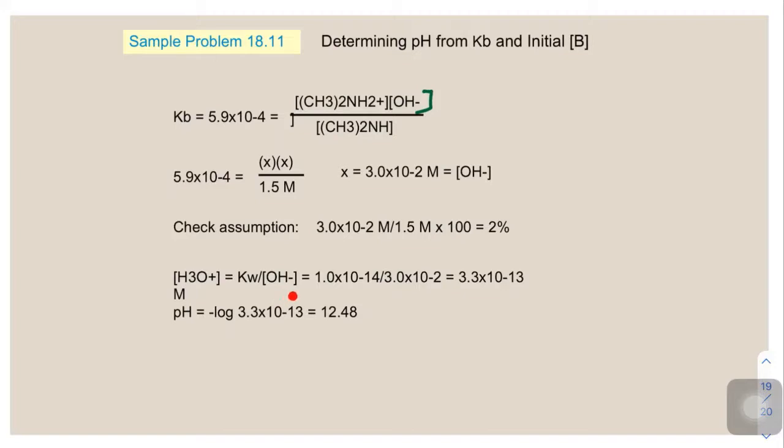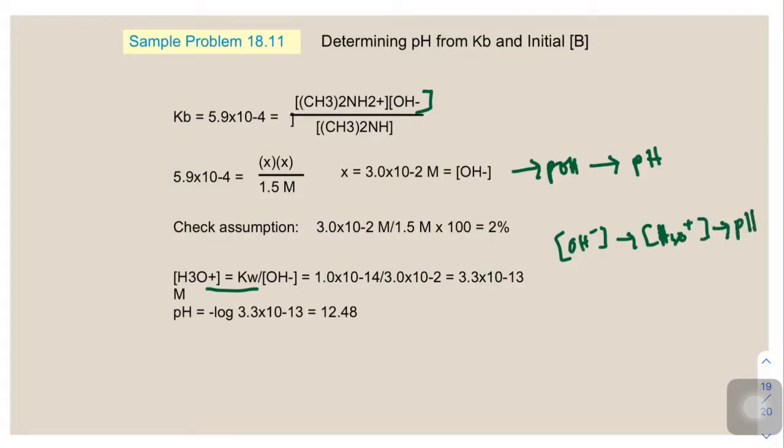Either one, we can use this method, or from the concentration of the OH minus, we calculate the pOH and then the pH. What is shown here is, from the concentration of the OH minus, calculate the concentration of the H3O+, and then calculate pH. Personally, I prefer to use this method.